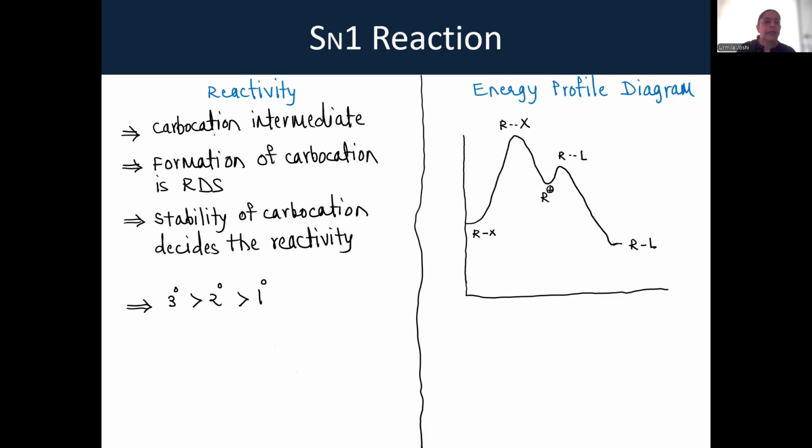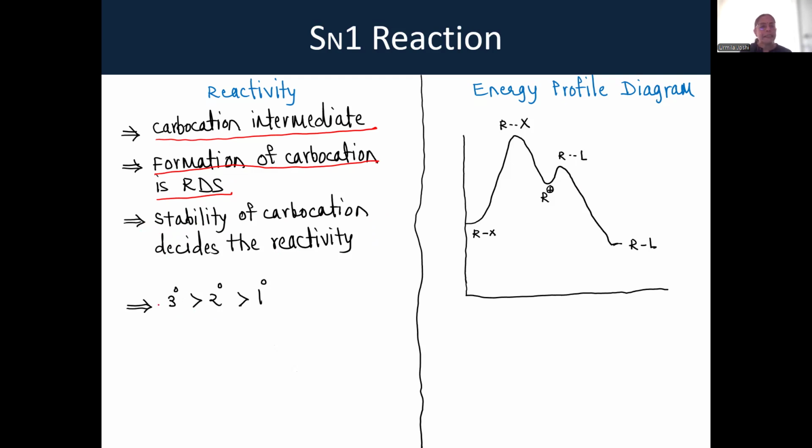So the intermediate is a carbocation, and the formation of the carbocation is the rate determining step. So, the more stable the carbocation, the easier the reaction. That means the stability of the carbocation decides the reactivity.